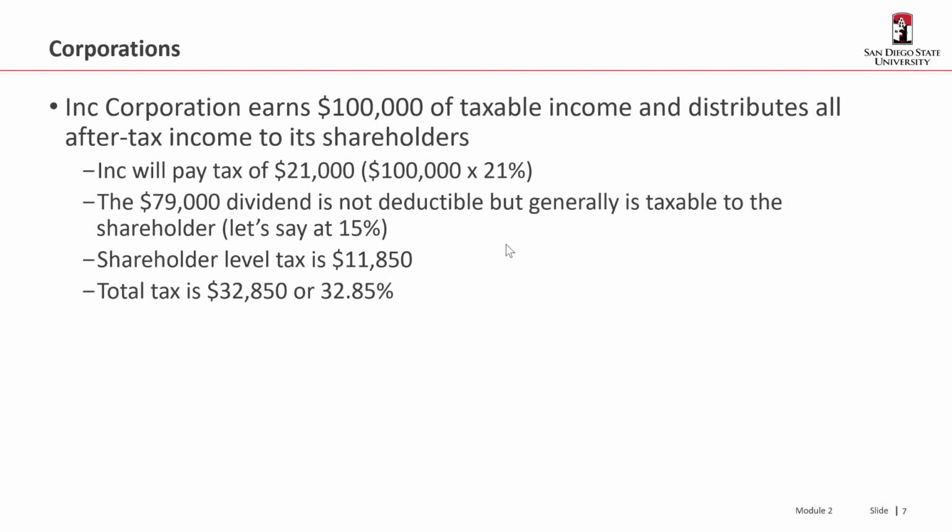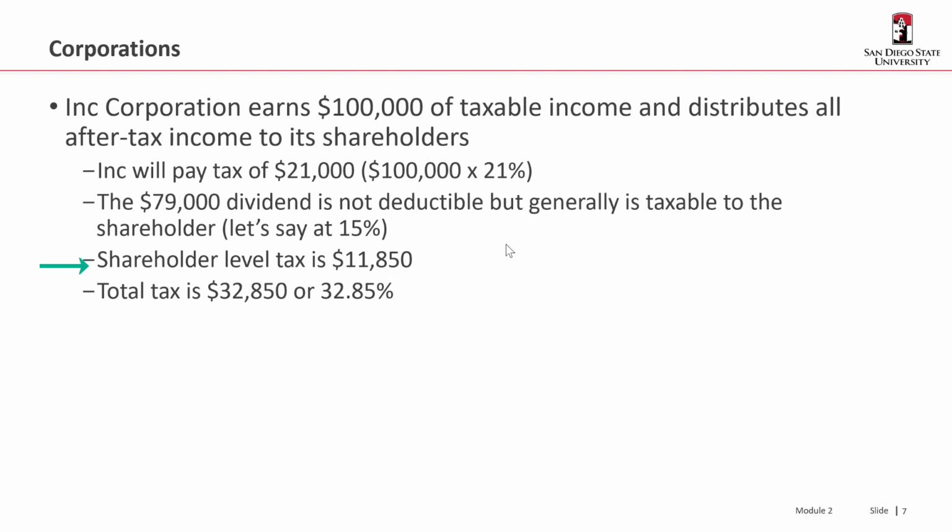So, Inc. Corporation earns $100,000 taxable income and distributes all of its after-tax income to its shareholders. So let's think about what that looks like. Inc. will pay tax of $21,000, right? Because it's going to earn $100,000 of taxable income times 21% is the $21,000. That only leaves $79,000 available to pay as a dividend.